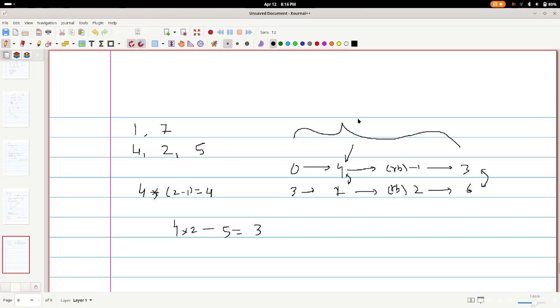We have to find out the minimum number of rollbacks. If I were to ask you how many rollbacks are required in order to reach 3, your answer shouldn't be one rollback. Why? Because even before this rollback, we can reach 3, as we have already reached 4.